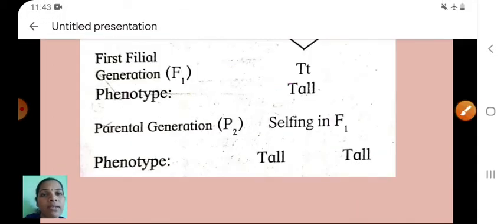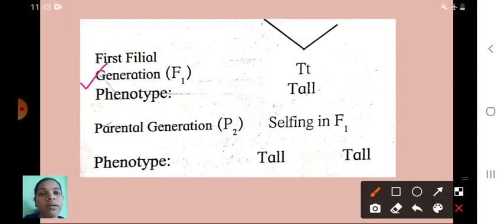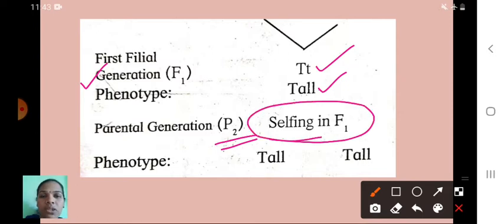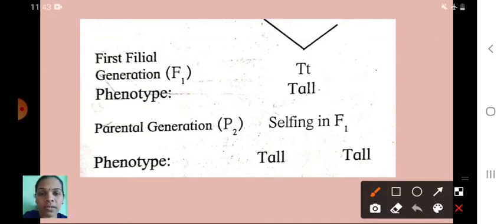Next, see here, after that first generation, this is the phenotype and this is the genotype. And see here children, self cross of the F1 generation. Self cross of F1 means the first one is the parent, from which the first generation was formed.